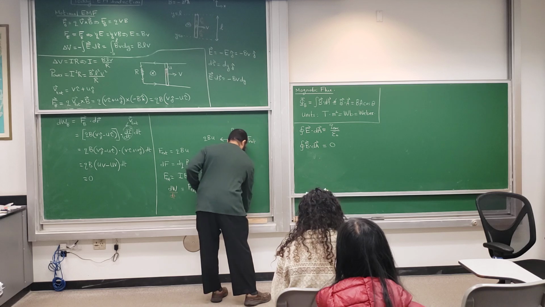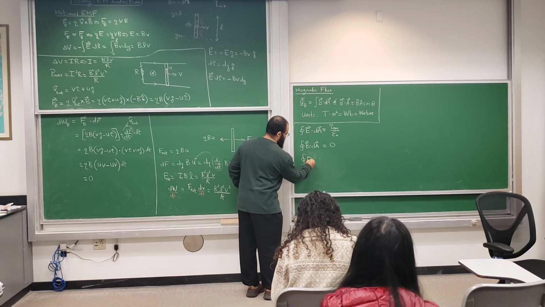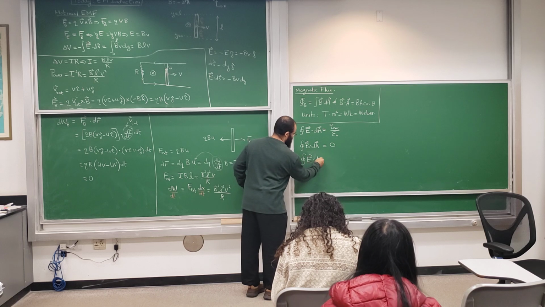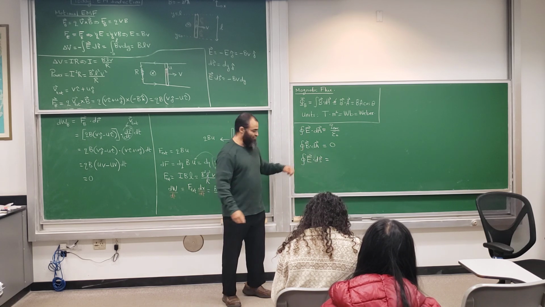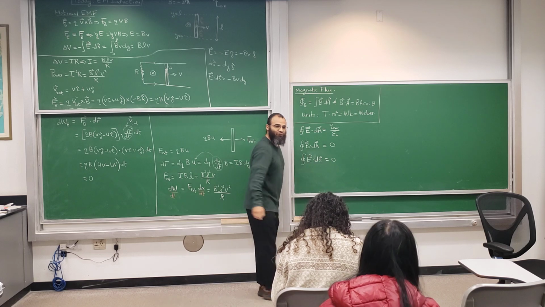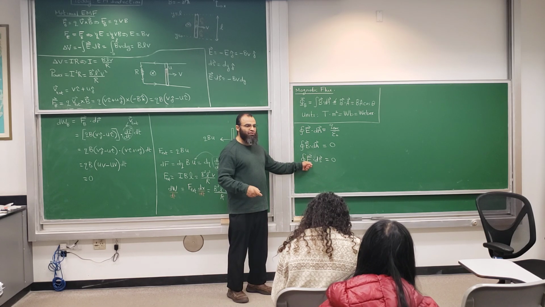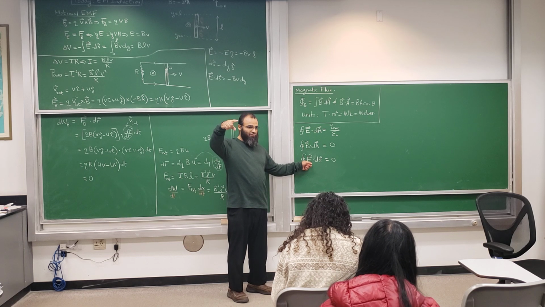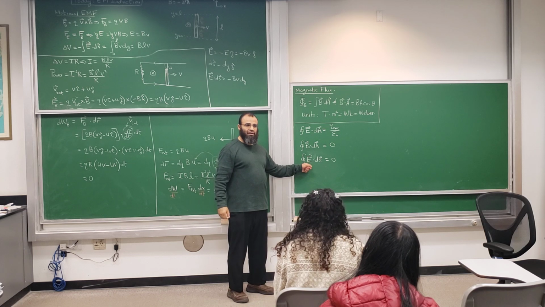Here's what we're going to learn today. E dot ds, closed loop integral, it used to be zero, so far, what we know. It just says the electric field is conservative. The amount of work the electric field does over a closed path is always zero, okay?